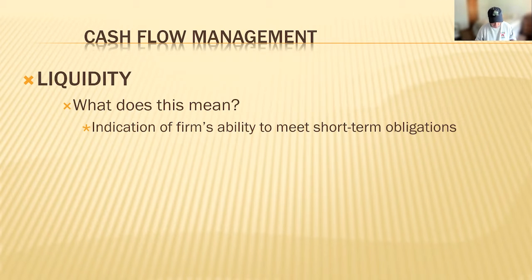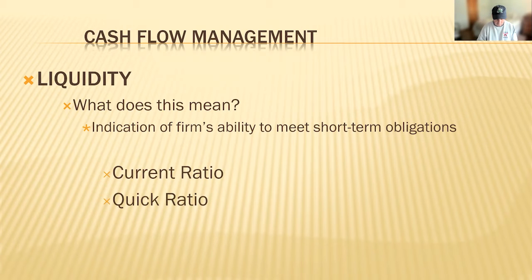It could be a short-term situation, but hopefully it is just that, because if it's sustained in a long-term place, well, then it's likely that the firm would be insolvent, meaning that it can't pay with its assets, it can't pay off its debt. So we look at two components, the current ratio and the quick ratio.